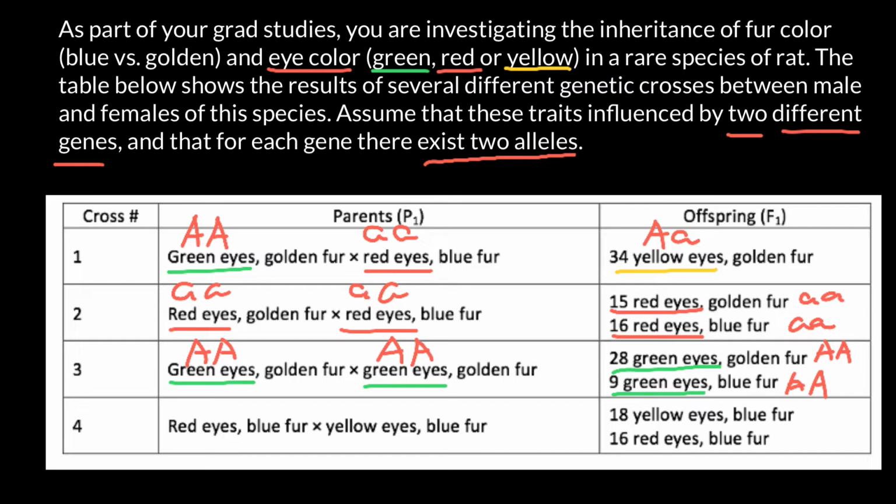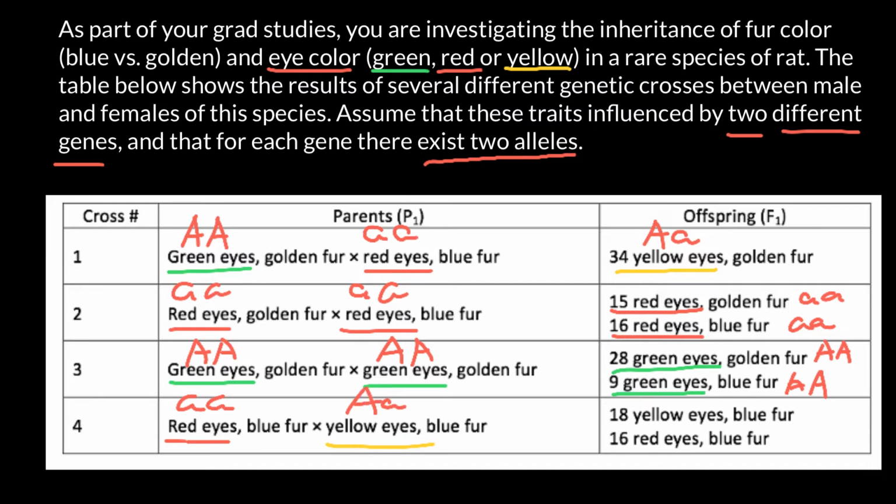Let's now move to the fourth example. We have one mouse with red eyes, and we cross it with another with yellow eyes. We know that those with red eyes are homozygous recessive, and those with yellow eyes are heterozygous.